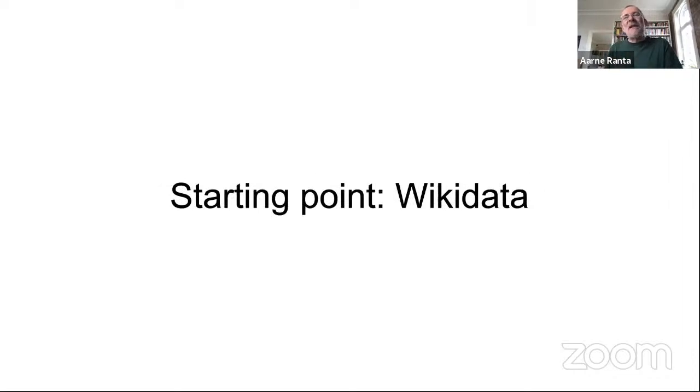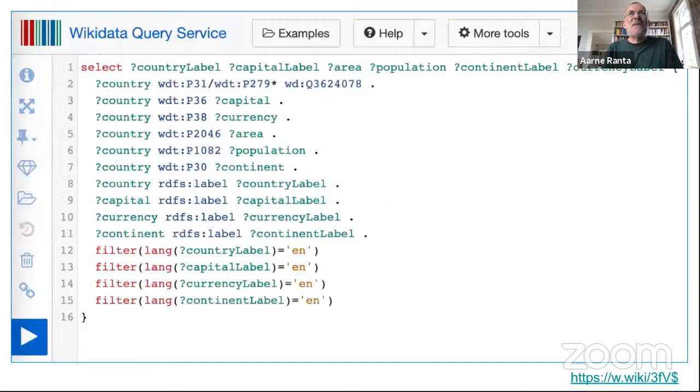The starting point here will be Wikidata, because that's the data on which Abstract Wikipedia is intended to build. And what is there in Wikidata? You can query it in the SPARQL language, which looks a bit like SQL, but it's a bit different. And then you have these strange identifiers. But luckily, if you use the Wikidata query interface, you can get help for choosing the identifiers.